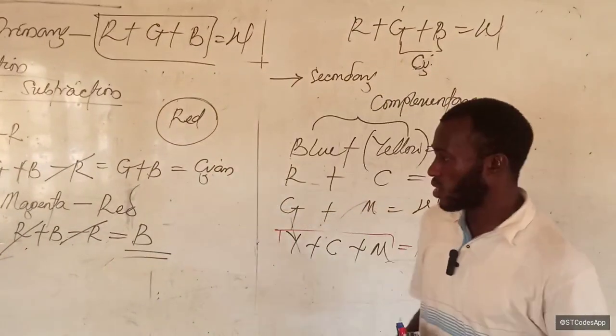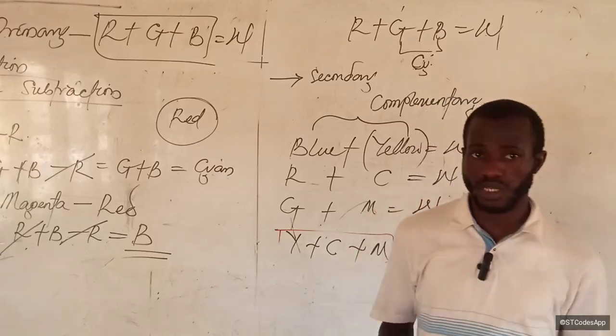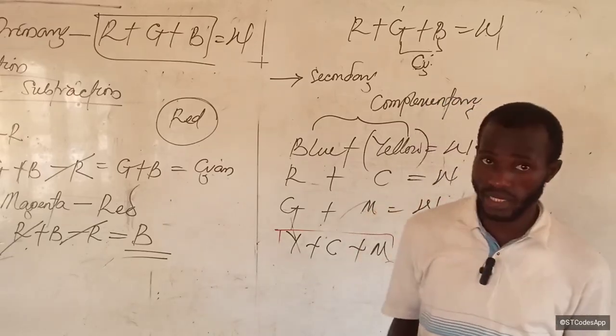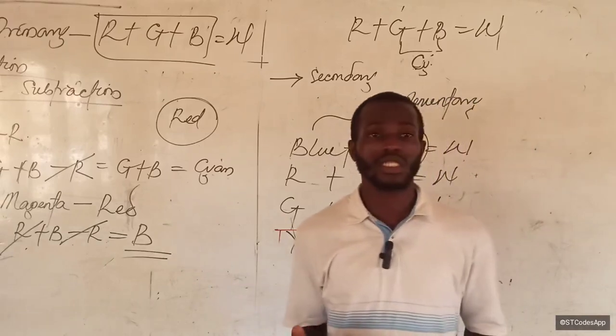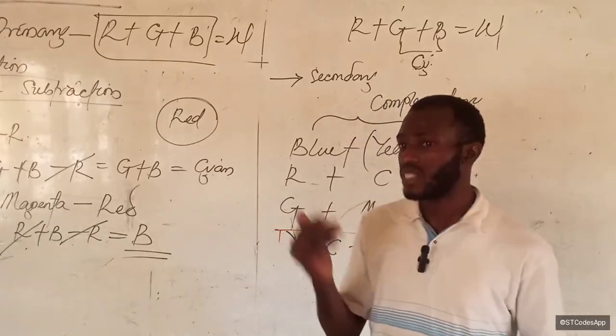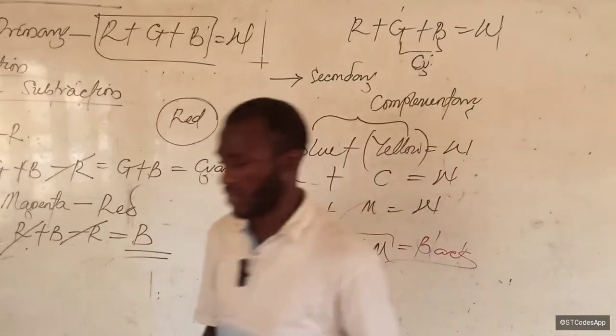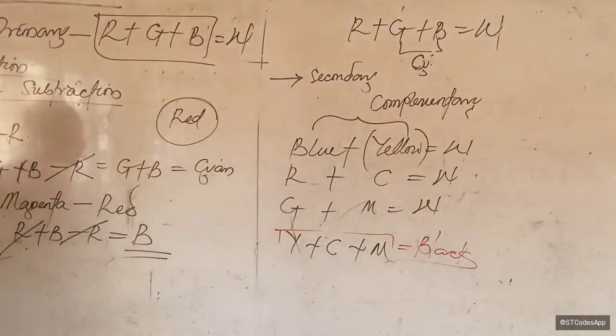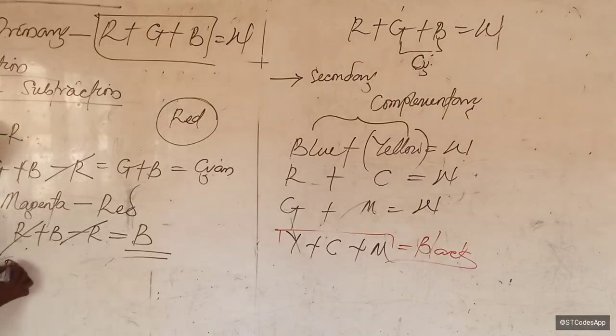All right. If a shirt can absorb blue light and a yellow light is shown on it, what color would you see? That is yellow minus blue, right?